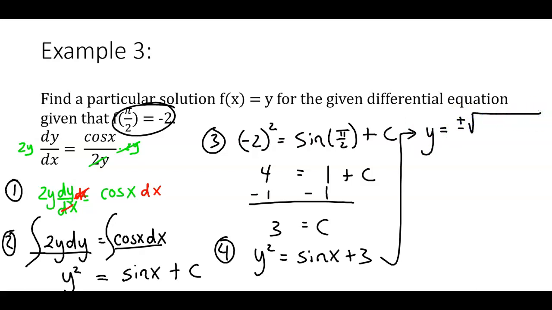When you take a square root, you always get a plus and a minus. And that's why we have 2 possible answers. Okay, so which is it? Is y equal to a positive square root of sine x plus 3? Or is y equal to a negative square root of sine x plus 3? We need to decide which one it is.